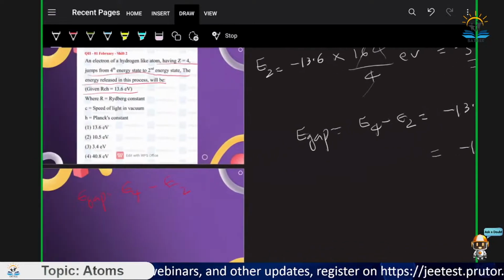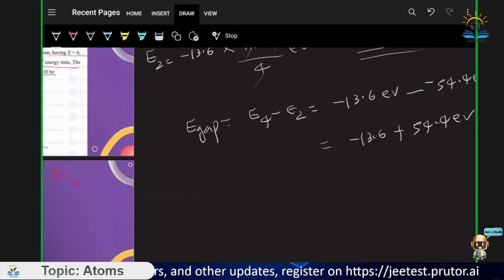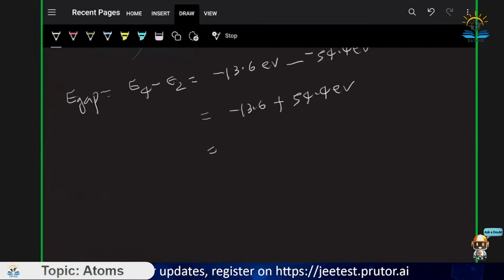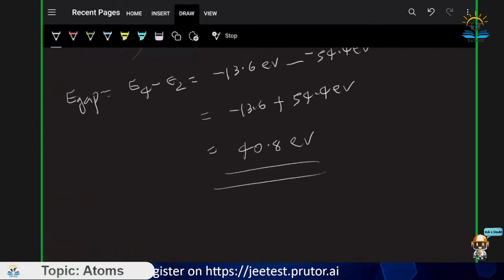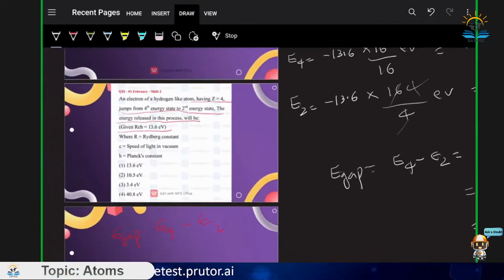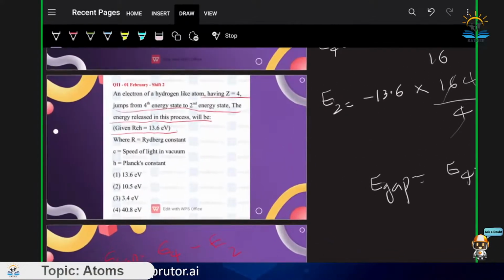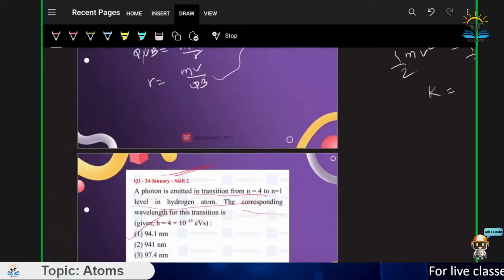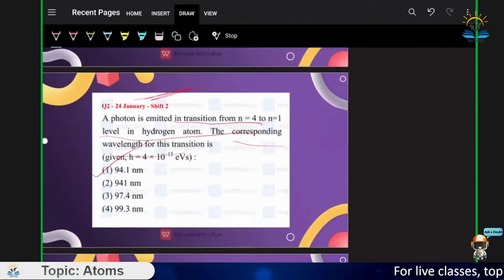How much will this be? Yes, this will be 40.8 electron volt. So which option will be the correct answer? Option 4.